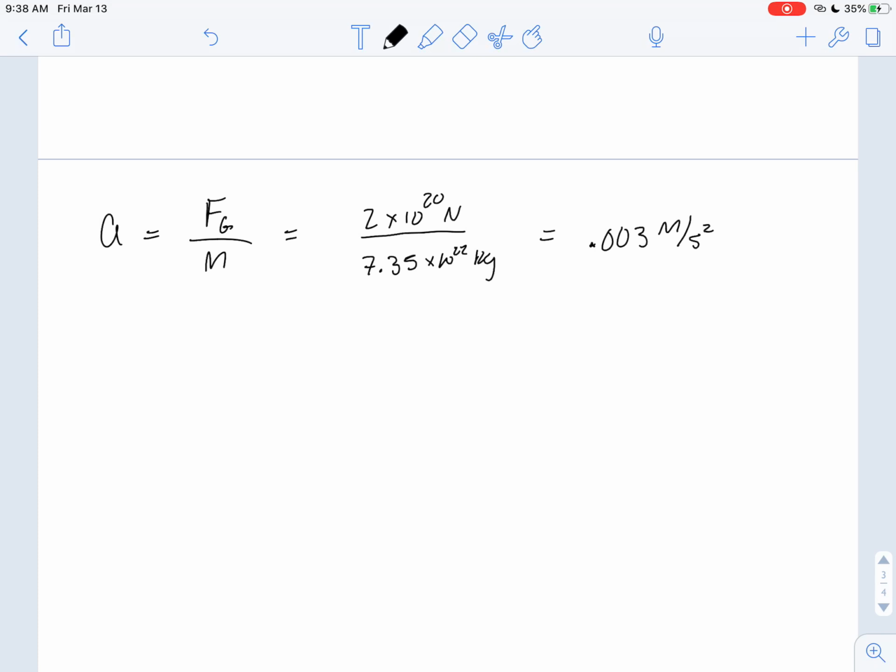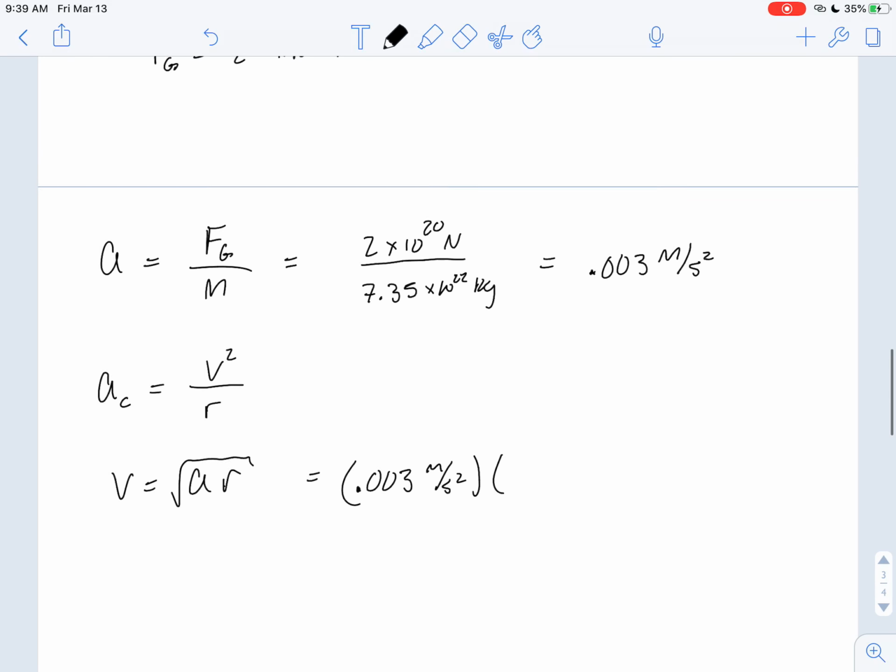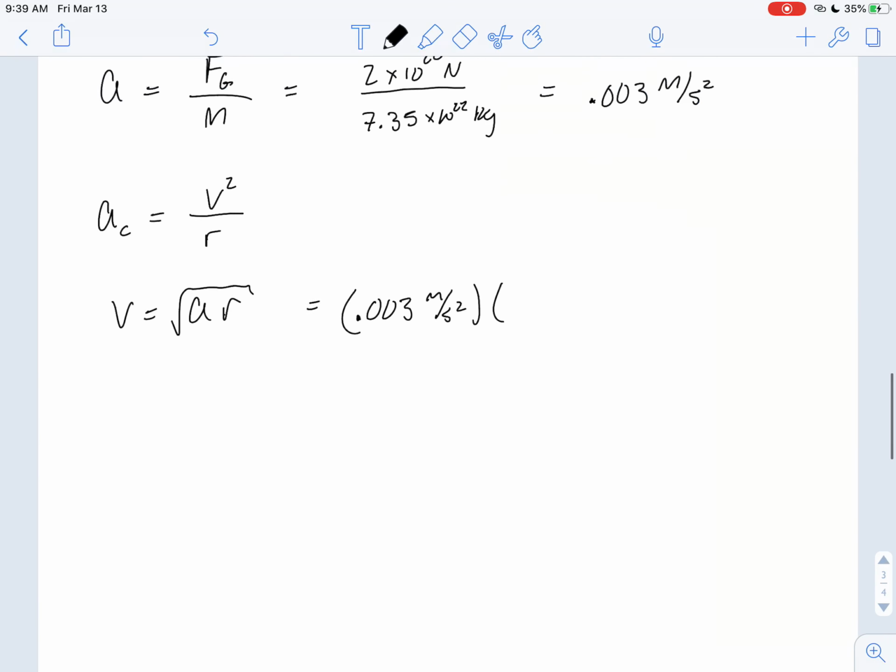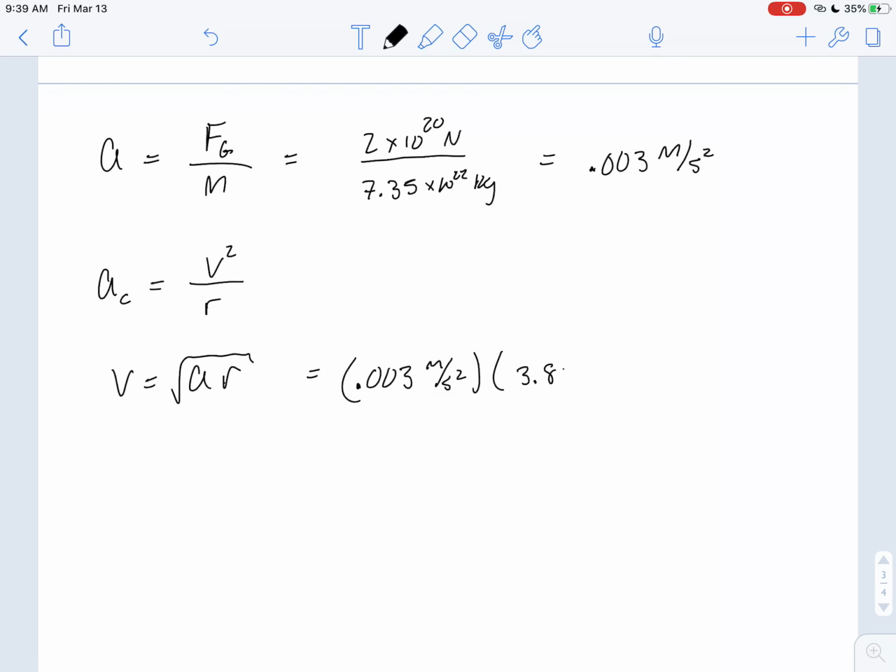So the next thing to do is find velocity, and we're going to use centripetal acceleration is v squared over r. If I solve for velocity, that's going to be equal to the square root of the acceleration times r. So that'll be equal to the square root of 0.003 meter per second squared times the distance, which is 3.8 times 10 to the 8 meter.